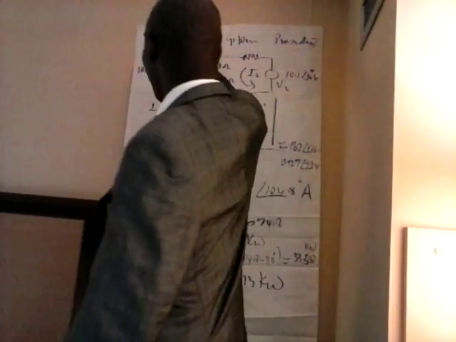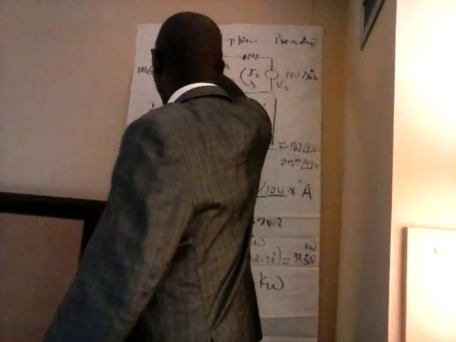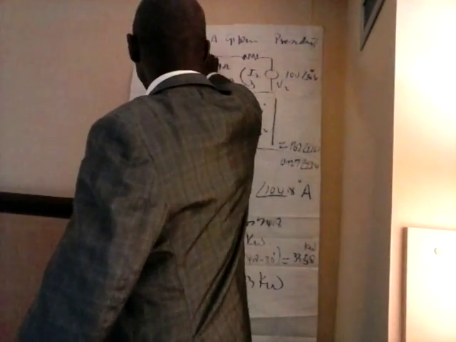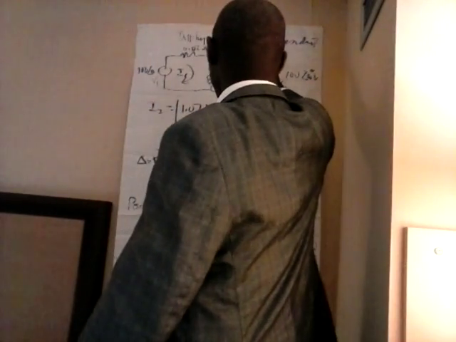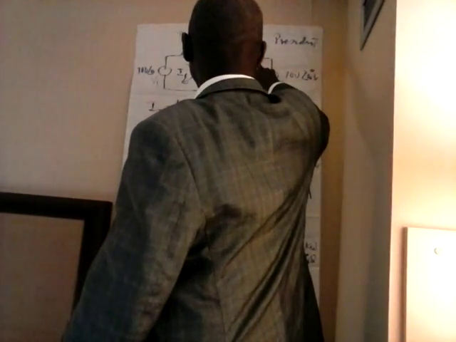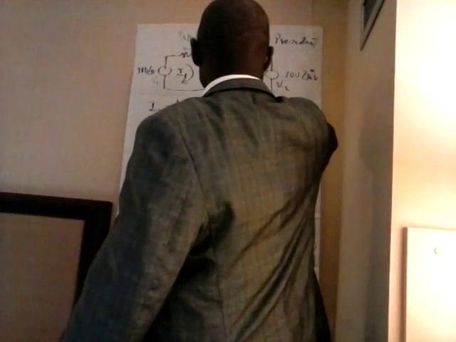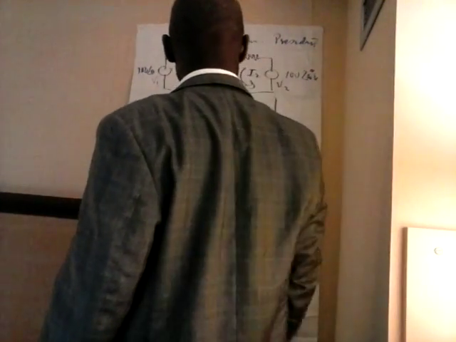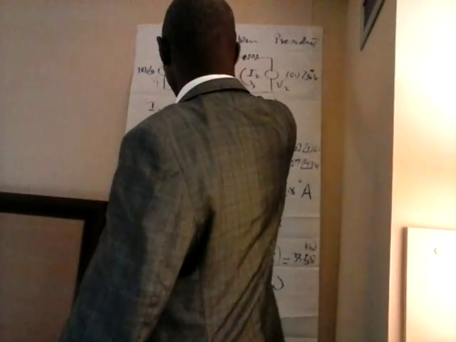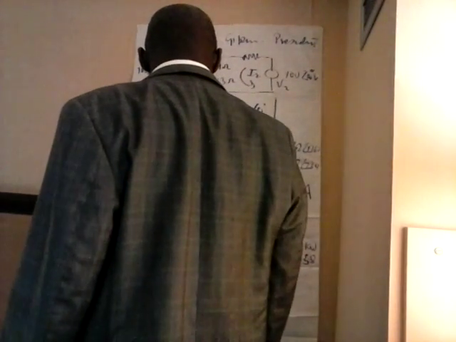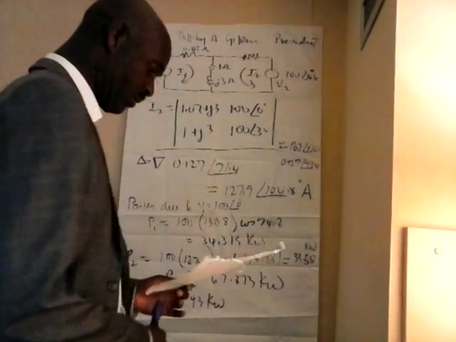We could find the power dissipated at each element: the power dissipated by this would be I squared R, this I squared R. Power dissipated by this resistance would be I squared R as well, and so on. Power at these elements would be the power of this plus the power of that. So we get here 67.93 kilowatts.